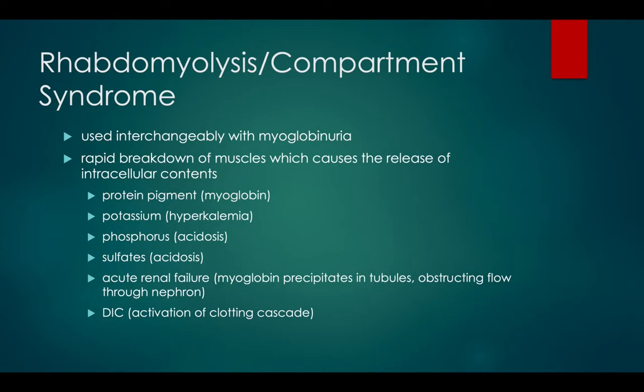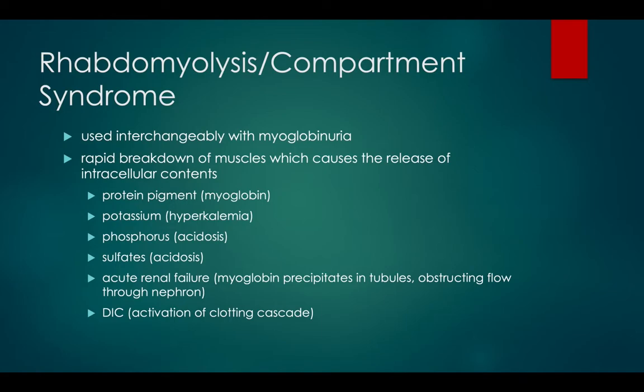And muscle cells are somewhat different than other cells as far as their intracellular contents. In particular, they have a lot of protein pigments, which we call myoglobin, which are used to help carry oxygen in muscle tissue specifically. Muscle cells also carry a lot of potassium inside, just like all other cells do.